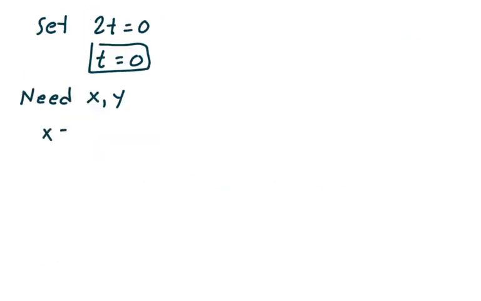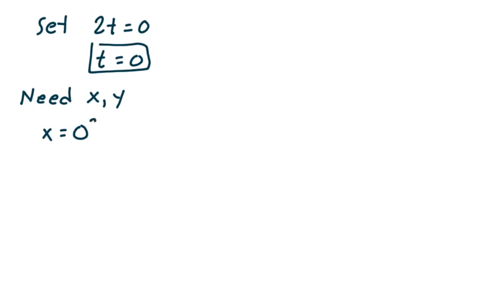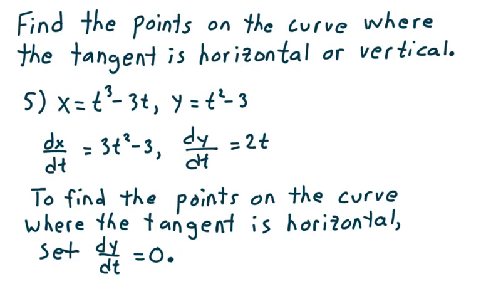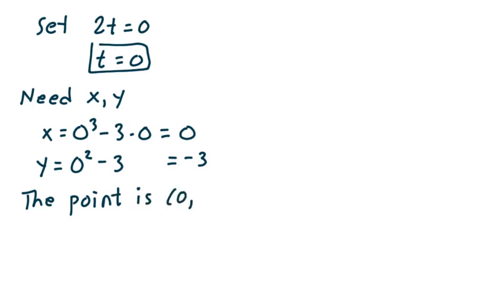So x is equal to 0 raised to the third minus 3 times 0, which is equal to 0. And then y, if we go back, is 0 squared minus 3. And that's negative 3. So the point is (0, negative 3).